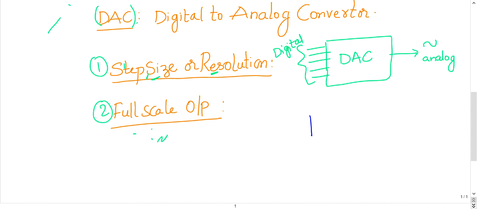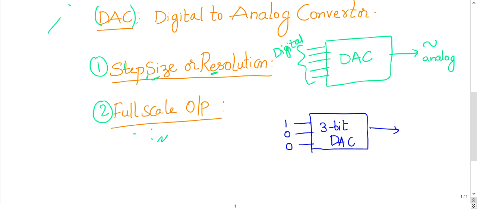Consider a 3-bit DAC. 3-bit DAC means the digital inputs are of 3 bits. Assume the input is 100. So it makes the output as 4. This is the operation of DAC.